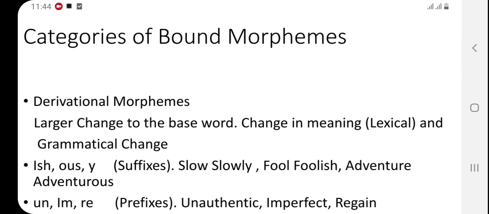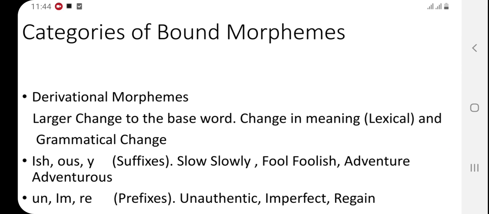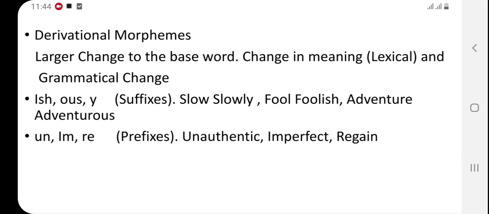Here we have actually a base word that is changed. When the base word is changed, the grammatical category changes, for example from noun to pronoun, from verb to adverb, from noun to adjective. So there are many changes that occur in derivational morphemes.